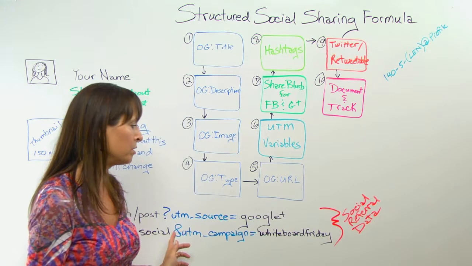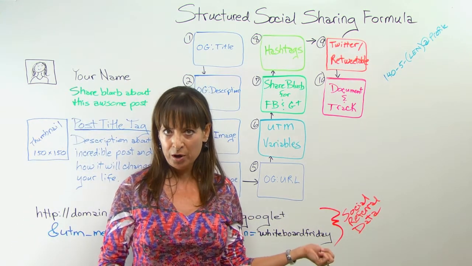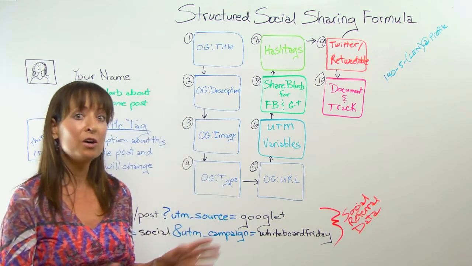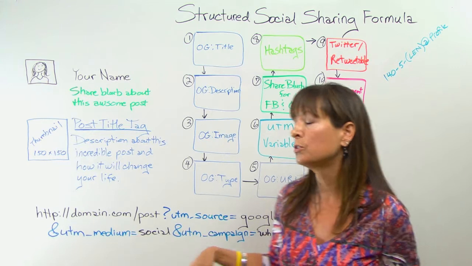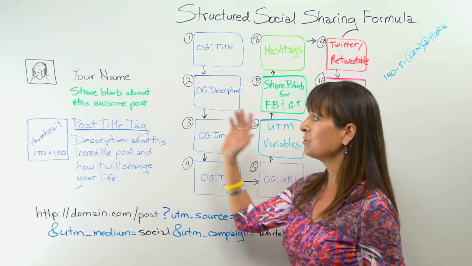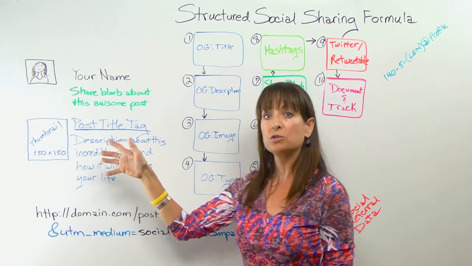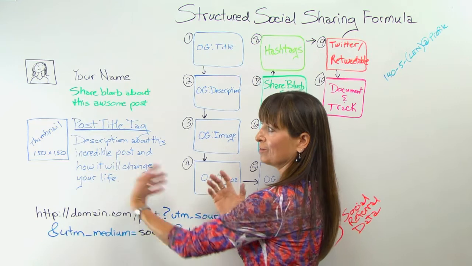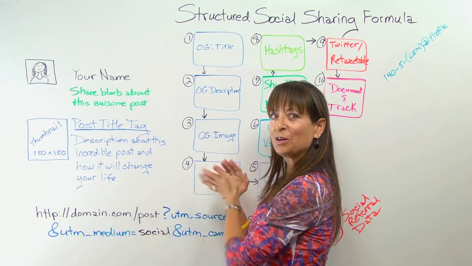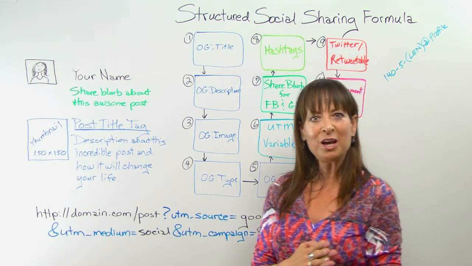You'll put in your campaign variables, and it will automatically create your URL for you. All you have to do is cut and paste your information into Google and Facebook. You paste in your URL, and Google and Facebook will parse the page and look for those directives, and you'll end up with a structured shared snippet.